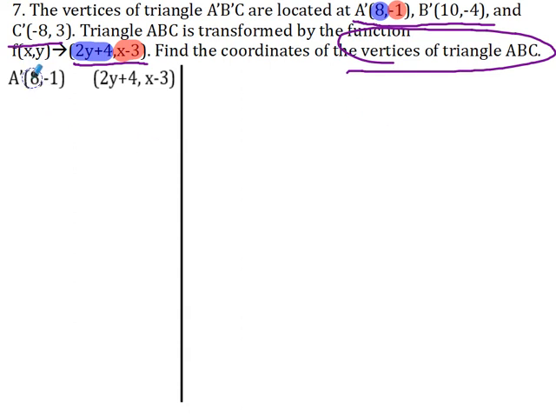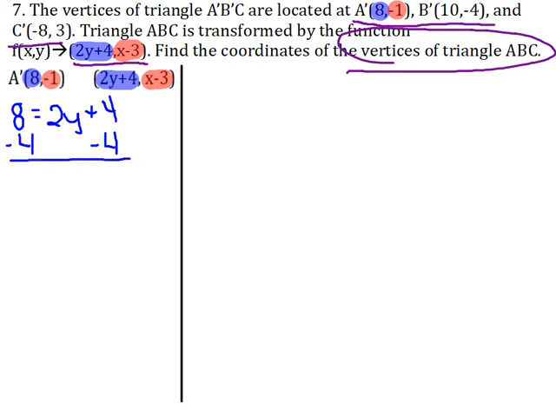So 8 first with the first, and the second, negative 1 with this one. Is equal to 2y plus 4. I'm going to go ahead and solve it since I don't have a lot of room. 4 is equal to 2y divided by 2. y is equal to 2.